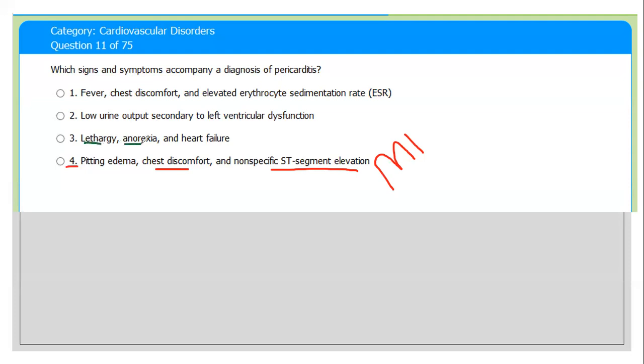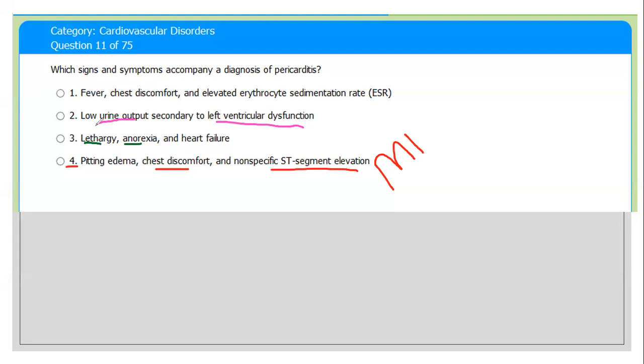Lethargy and anorexia are not signs of pericarditis. Low urine output secondary to left ventricular dysfunction? Pericarditis is inflammation of the outer layer of the heart, the pericardium, not ventricular dysfunction.